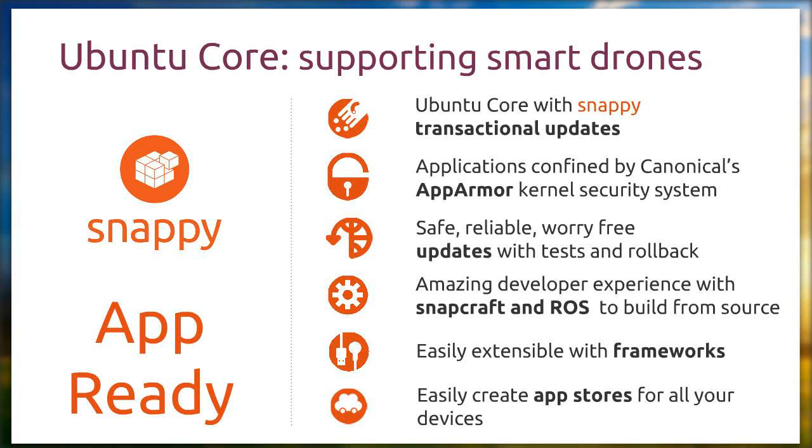So at any time, we can roll forward to a new software version on the system, or we can roll back to the previous known good state of the system in case the upgrade fails. We can do that automatically. So at any time, you don't have a broken device. And that's the new way to think about an operating system and what an operating system can deliver and should deliver in this space.